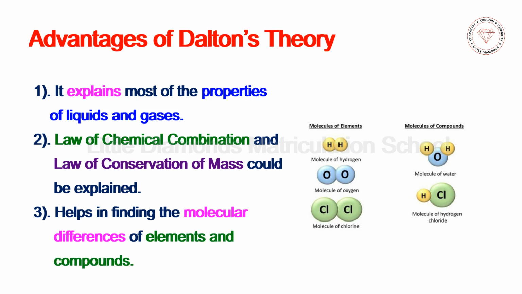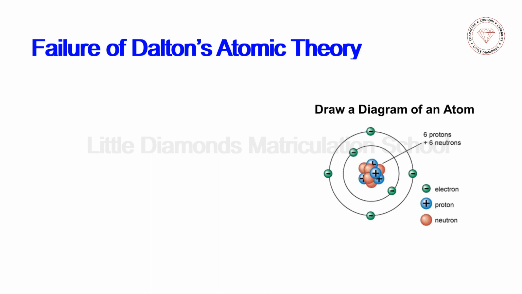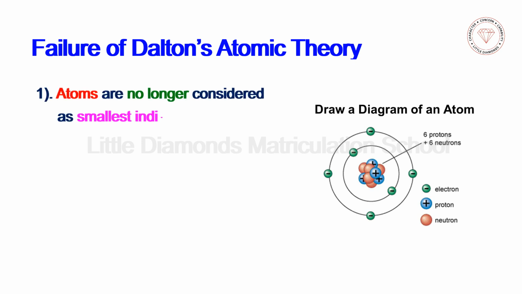The later scientific discoveries have proved the failure of Dalton's atomic theory in certain statements. After the discovery of the subatomic particles, the protons, neutrons, and electrons, atoms are no longer considered as smallest indivisible particles.